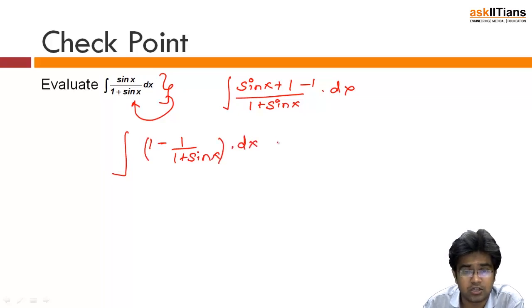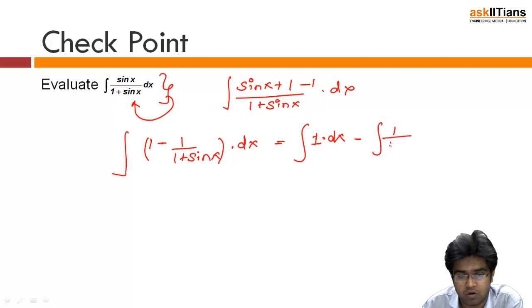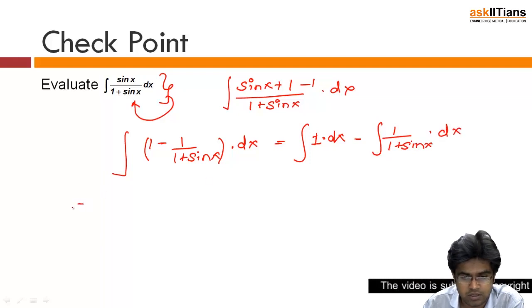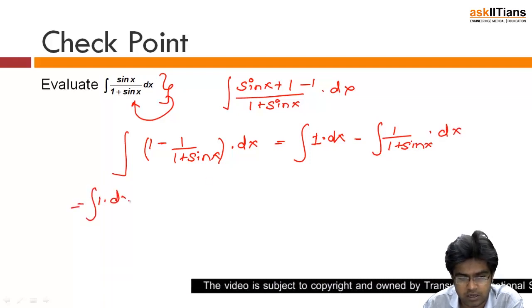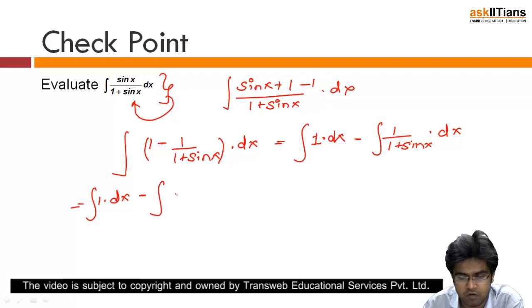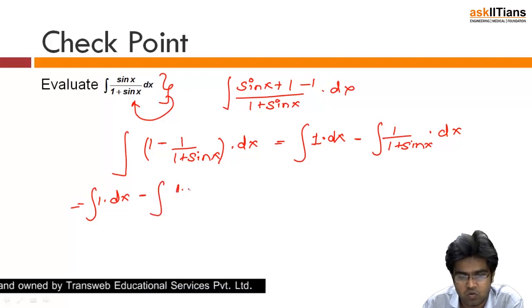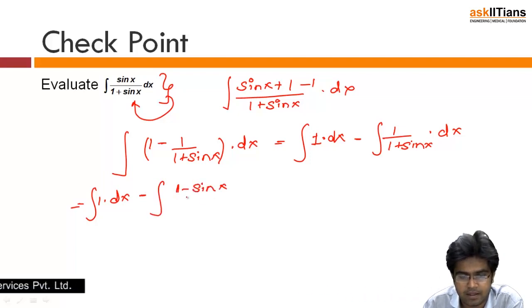Now integral is distributive, okay, so I can write integral of 1 dx minus, taking the minus out, integral of 1 upon 1 plus sin x dx. So this is equal to integration of 1 dx minus integral of, let's rationalize it, 1 minus sin x divided by 1 minus sin square x, which is actually cos square x, dx.